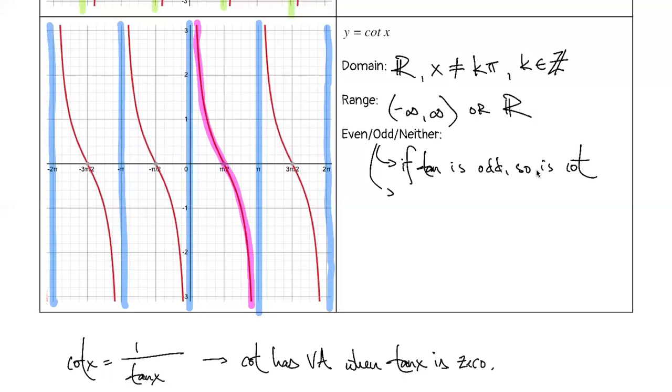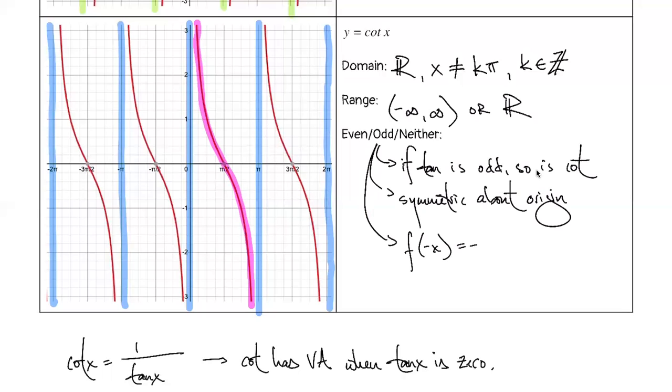But we could also look at the graph and say it's symmetric about the origin. And then the last way we could say it's odd, which will be important for exam 2, is that f of negative x equals negative f of x, okay?